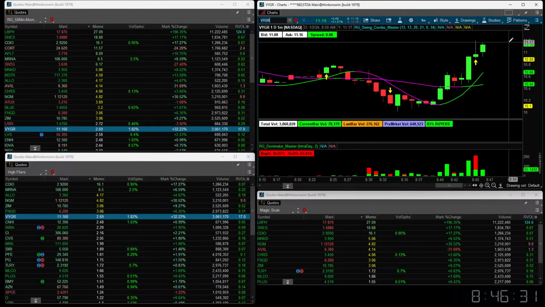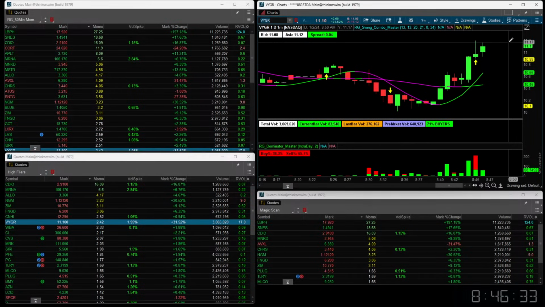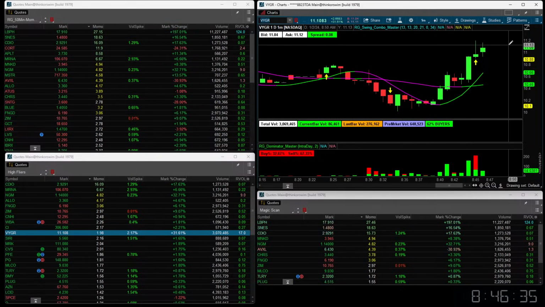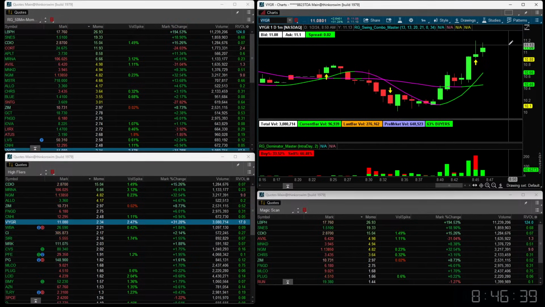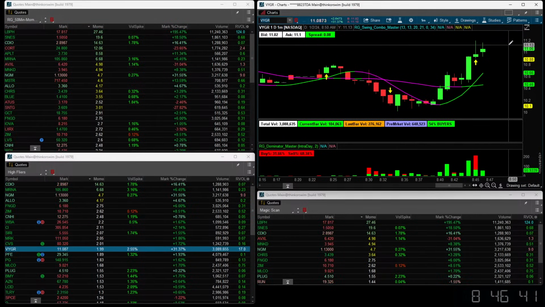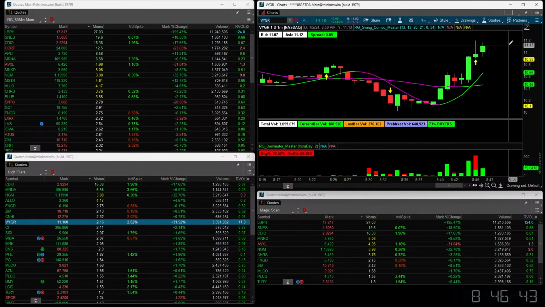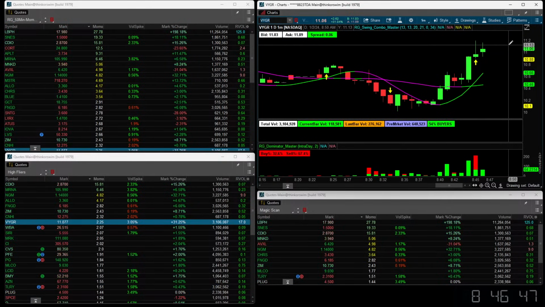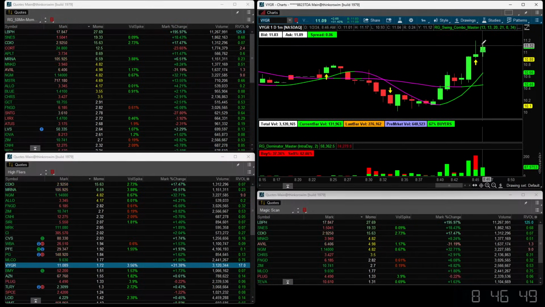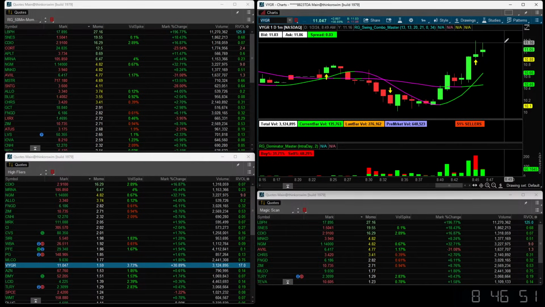Let's see if we can get a pullback play on it. Looks like it's getting weak with these taller wicks on the top. Them are sellers.